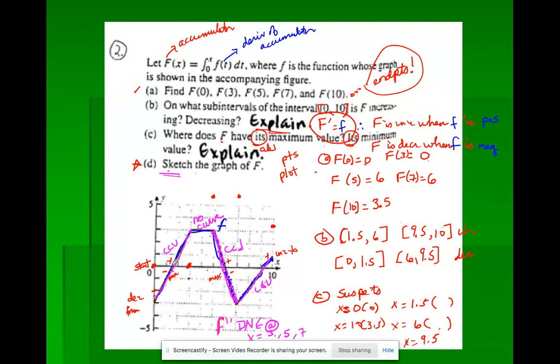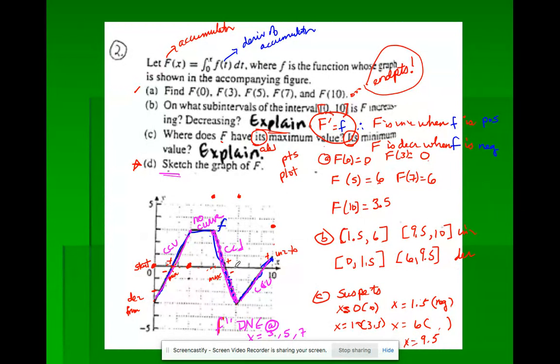At 1.5, my integral is negative, and it's going to be more negative than 0. What's my value going to be at 6? I started at 6, right here at f of 5. 1, 2, 3, 4, 5.